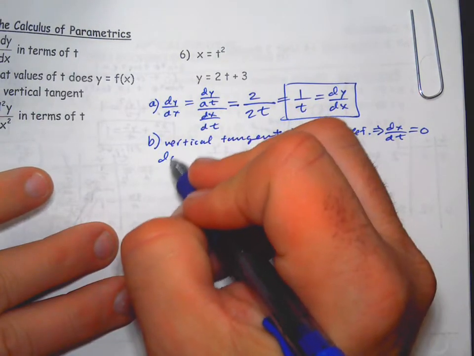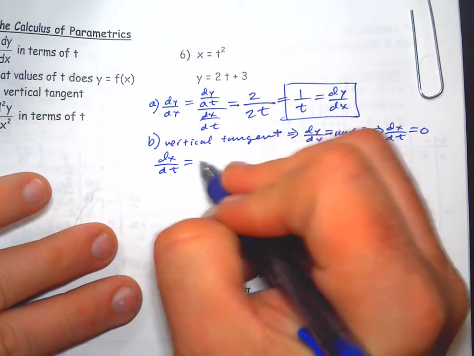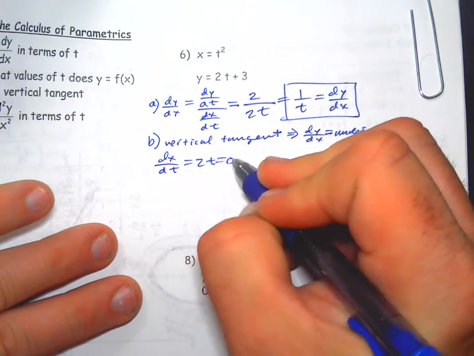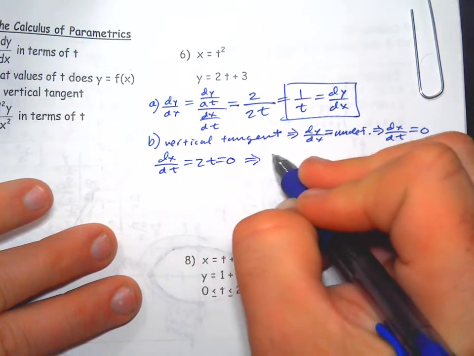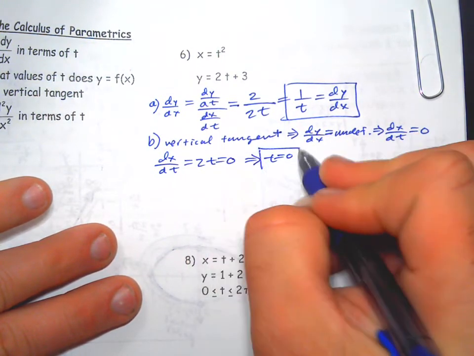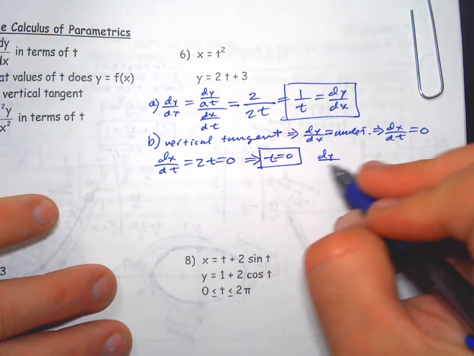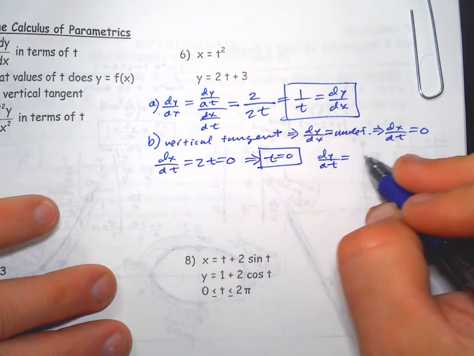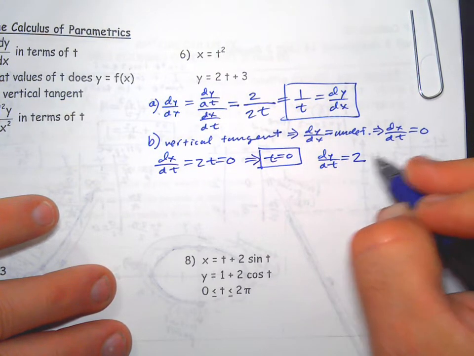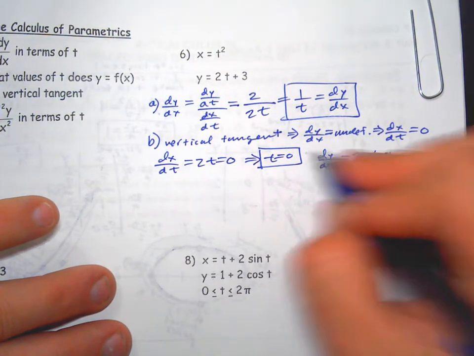So dx dt was 2t. We said it equal to 0. And so t equals 0. Now, I guess we could check and make sure that dy dt doesn't equal 0 there also. So dy dt actually equals 2 all the time, never equals 0, so we're safe.